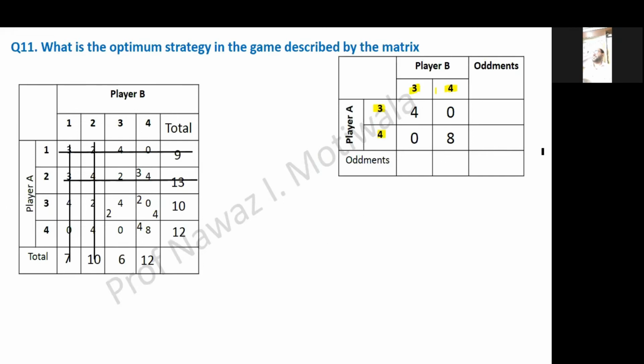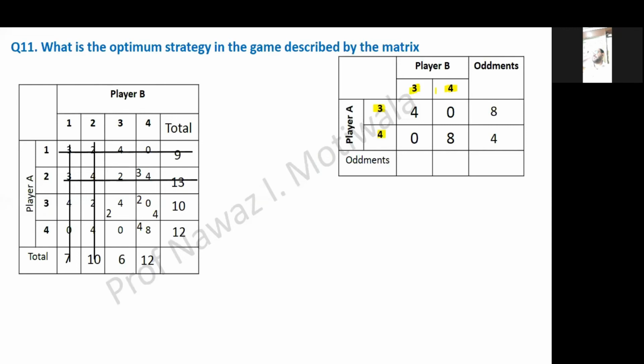What we do is the subtraction of values in the first row, that is 4 minus 0, and the answer I write in the second row, that is 4. Similarly for the second row, 8 minus 0, it will always be bigger number minus smaller number. 8 minus 0, I will get 8, which I will put in the first row.